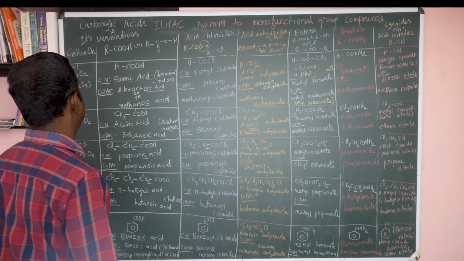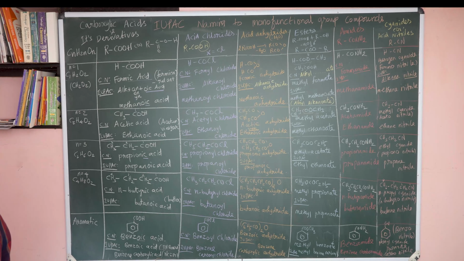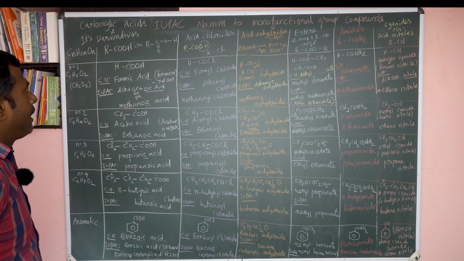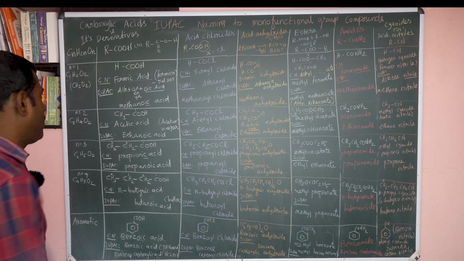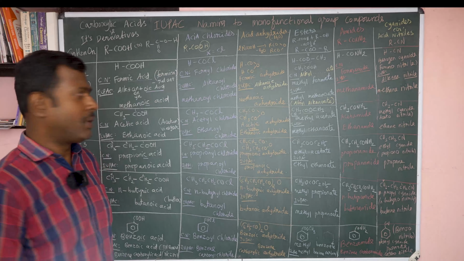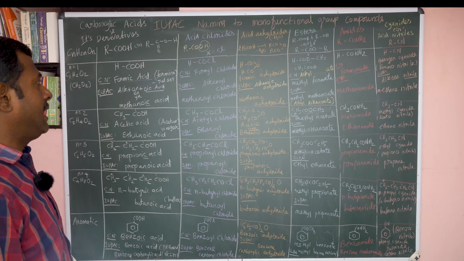Okay, right? So we have written the structures and given common names and IUPAC names for carboxylic acid and their derivatives. So the board looks beautiful, colorful.